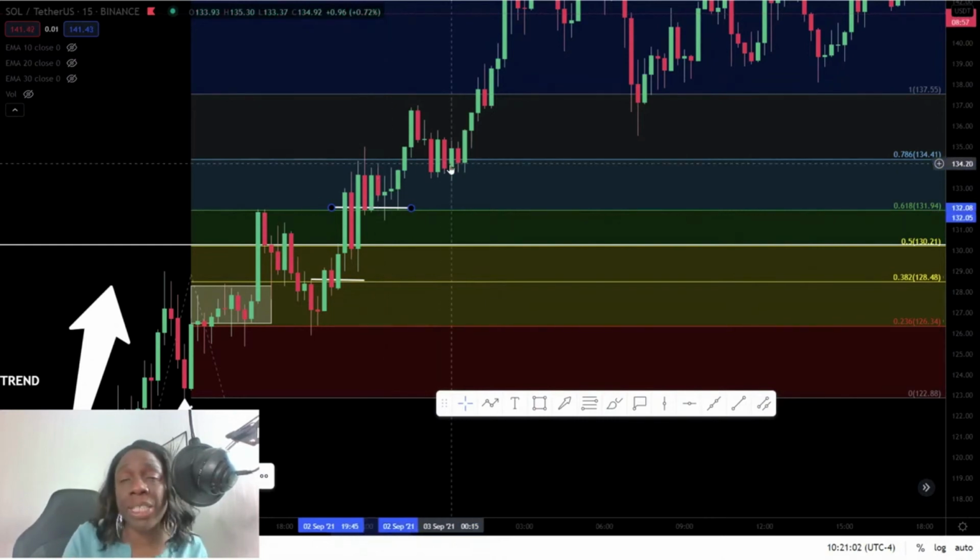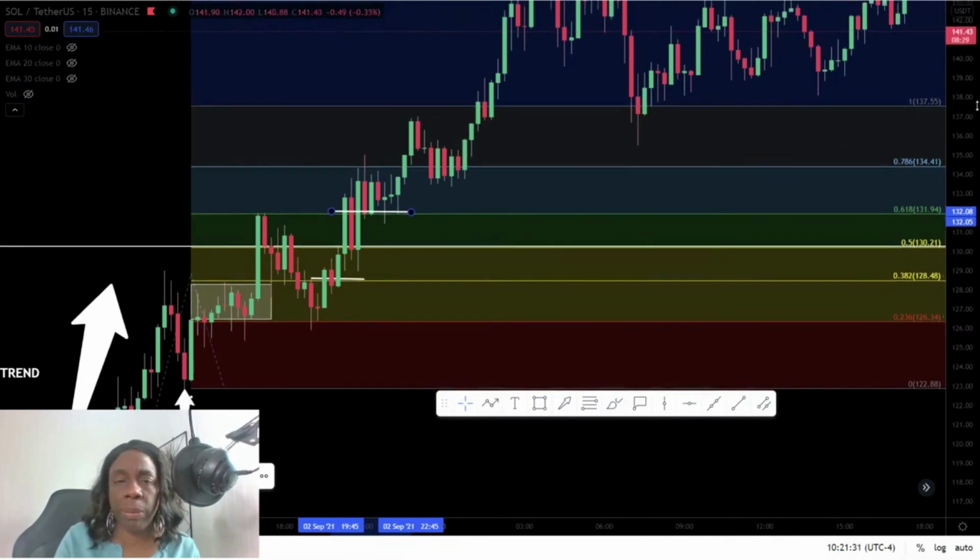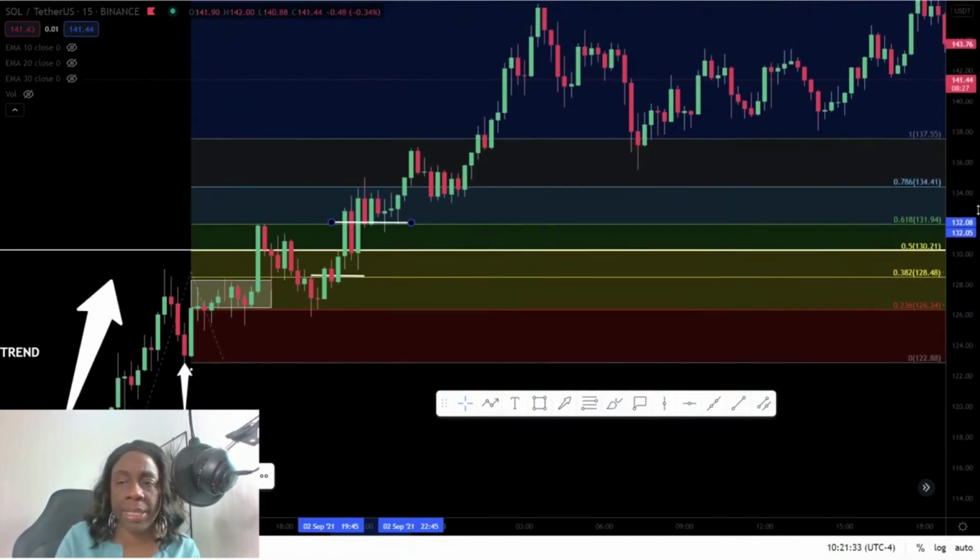Okay, but you got to remember, resistance is still resistance. Price action can still reverse, it can retrace, it can come back on you. So you want to play safe, you want to exit your trade at that point because you're interested in exiting at a profit. Let's pull the fib down so we can see where price action went.